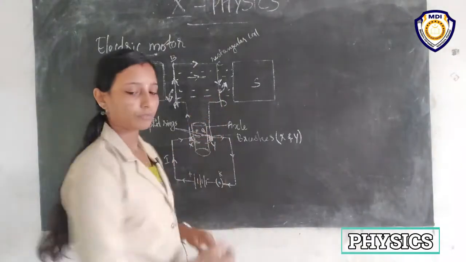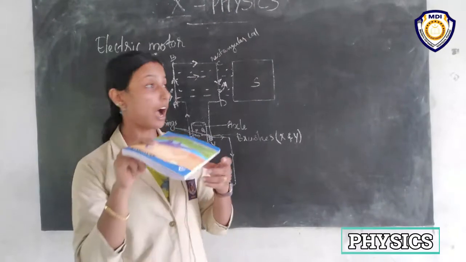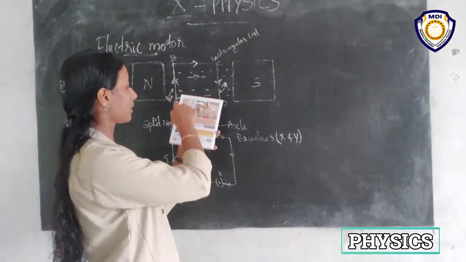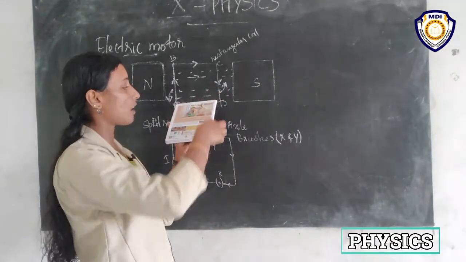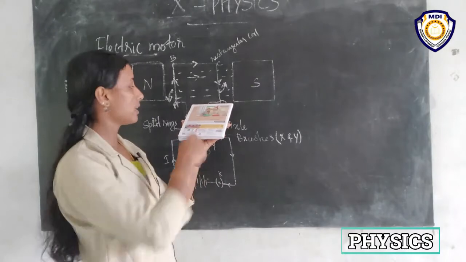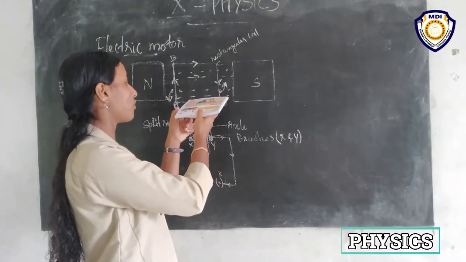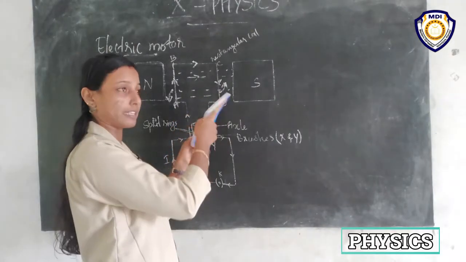For example, you can see if this is the armature coil, right? This is the armature, and here you have the side AB and here you have the side DC. On this side we can see this is a downward force, so it will move like this.